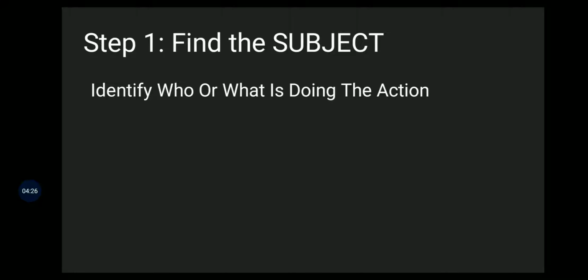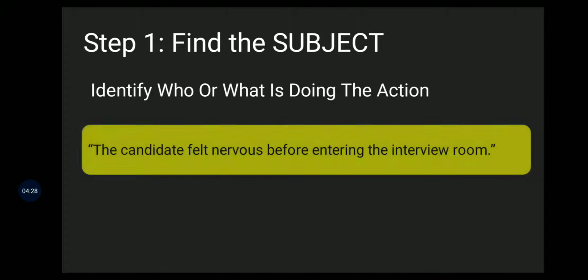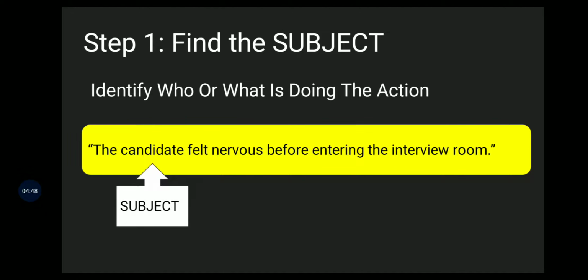So in this case, the candidate felt nervous before entering the interview room. So here you see the candidate. The candidate is the one who is performing an action or who is involved in the action. So the candidate is the subject in this particular sentence here. So this is how you identify your subject.